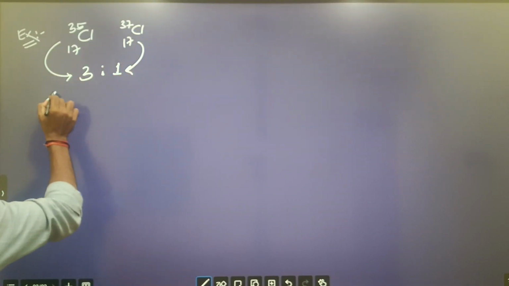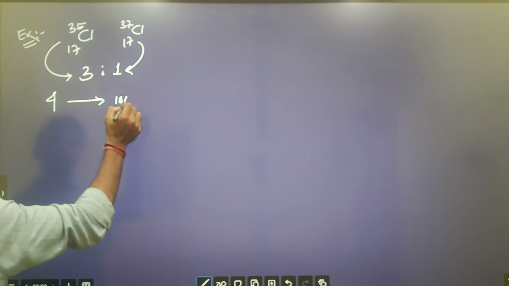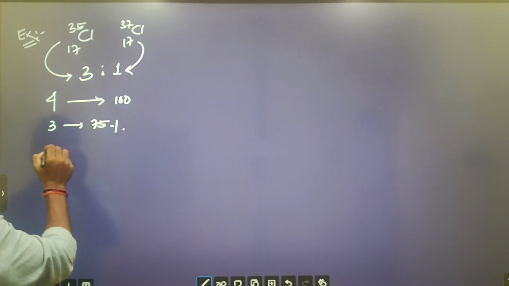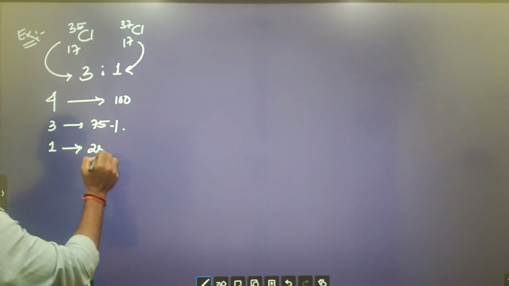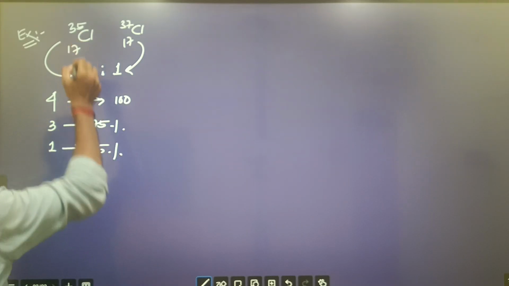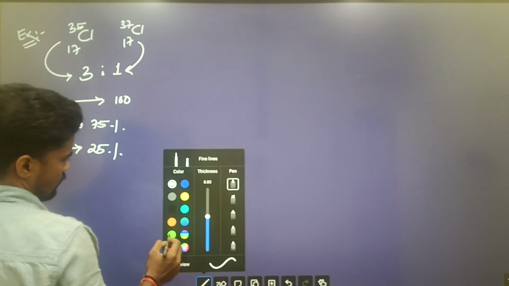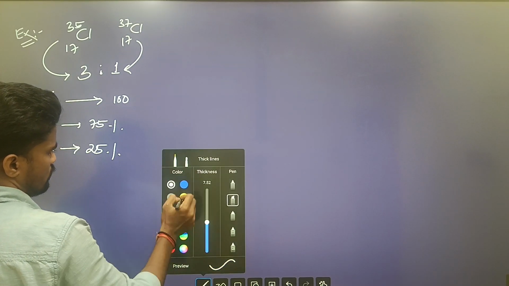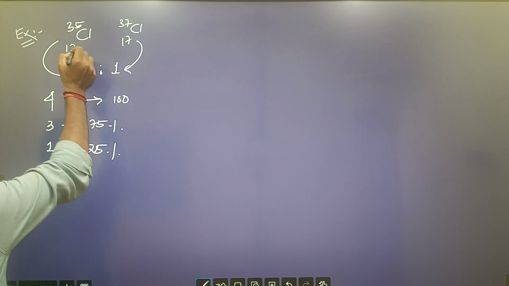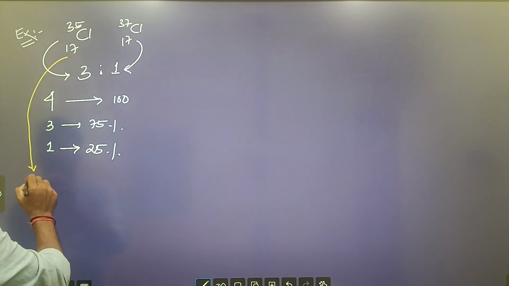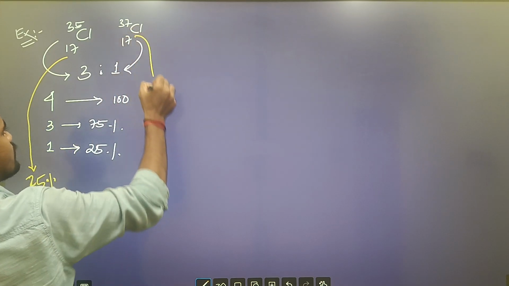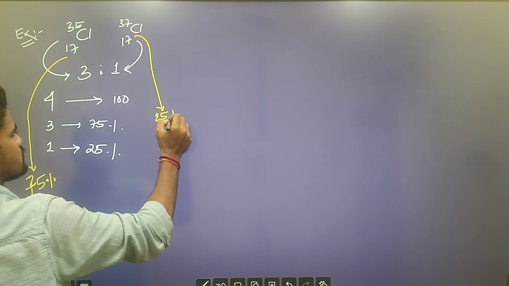So for 4 parts, if we take 100, then 3 parts will be 75%, and 1 part will be 25%. That means chlorine 17Cl35 has 75% abundance and the other has 25% abundance.